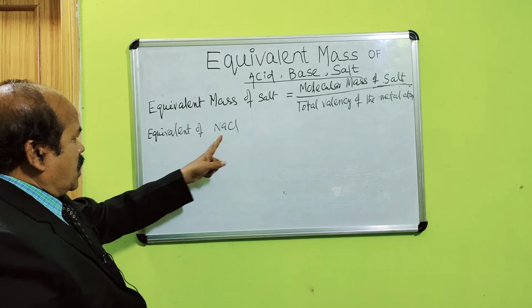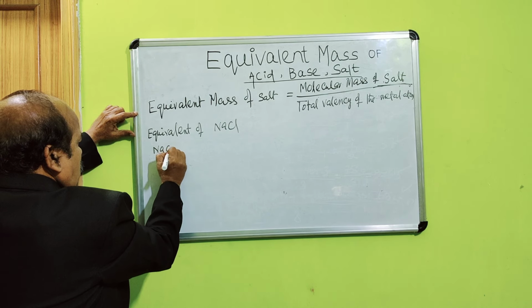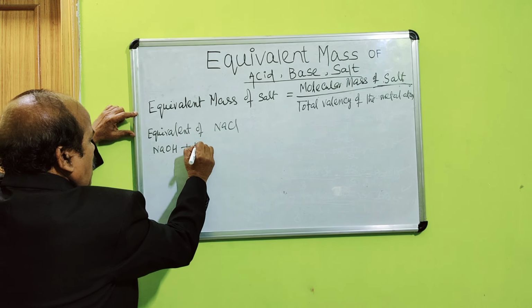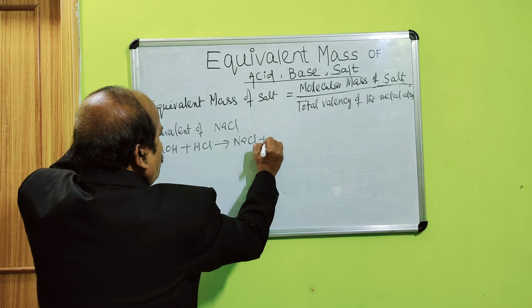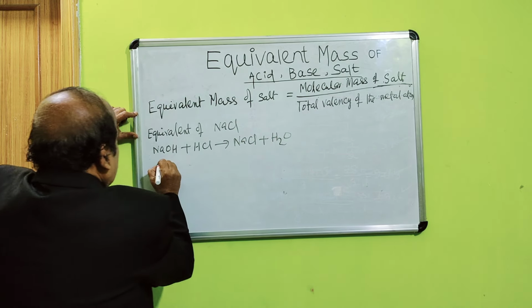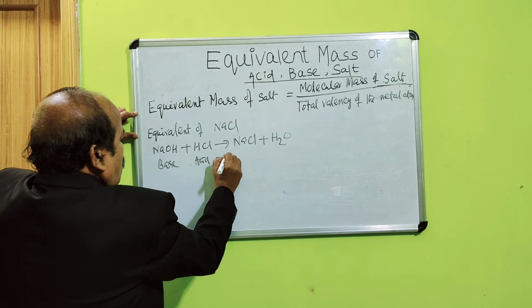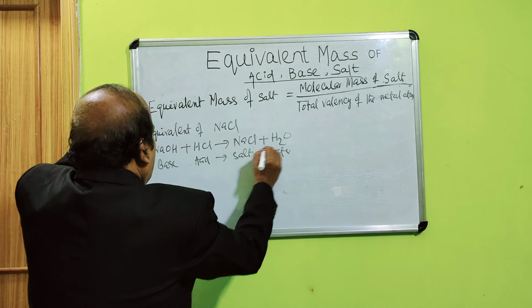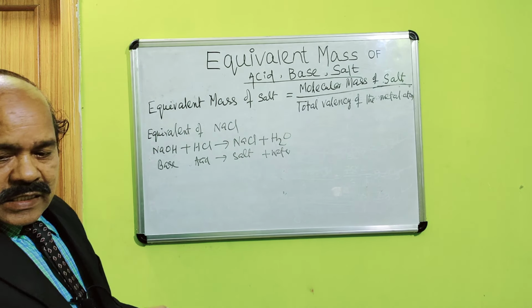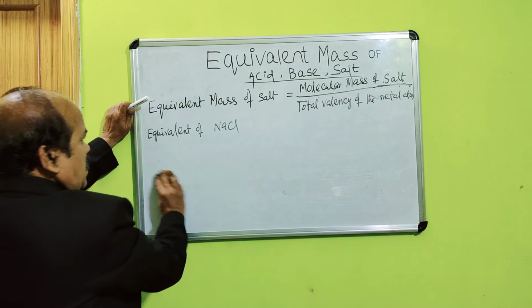You may ask whether it is a salt or not. This is formed by combining sodium hydroxide with hydrochloric acid. It will give rise to the salt sodium chloride plus water. This is base, this is acid, salt plus water. Hence, equivalent mass of NaCl I am going to determine as it is a salt.